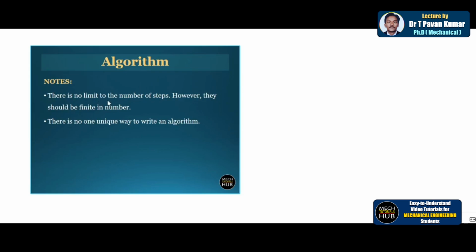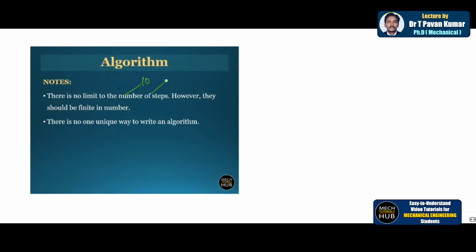There is no limit, as I said, to the number of steps. One may go with 10 steps, one may go with 50. It all depends on the way they want to communicate. However, they should be finite in number.